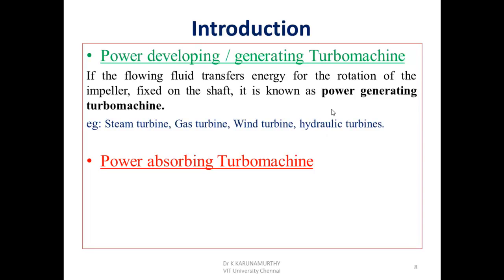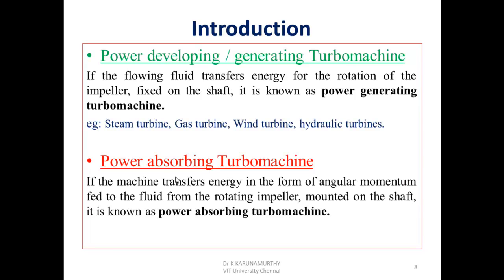This is achieved due to the movement of the flowing fluid. In the case of a power absorbing turbomachine, mechanical energy or shaft power is provided as an input in order to transfer a fluid, which we call a power absorbing turbomachine. Examples are compressors, pumps, fans, and blowers.